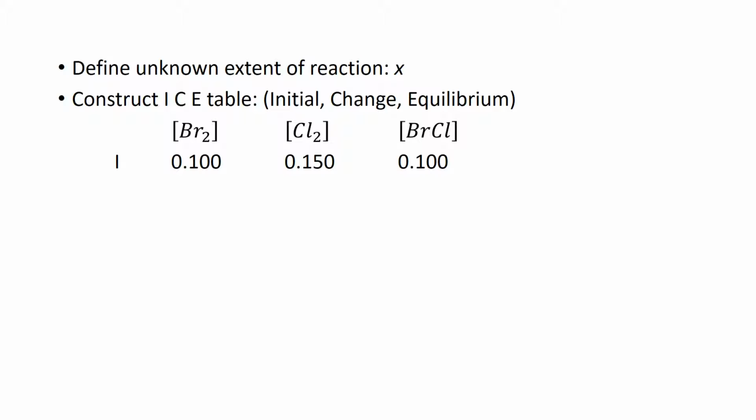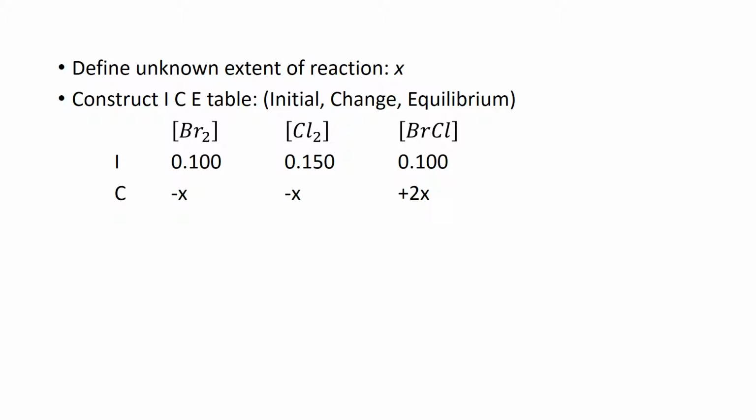Initially, these are the concentrations that I had at the beginning, 0.1, 0.15, and 0.1. Now, if the reaction moves forward by X moles per liter, the change, since the reaction is moving forward, bromine is going to decrease by X, my unknown X. The stoichiometry of the equation tells me that chlorine will decrease by exactly the same amount because bromine and chlorine react 1 to 1.